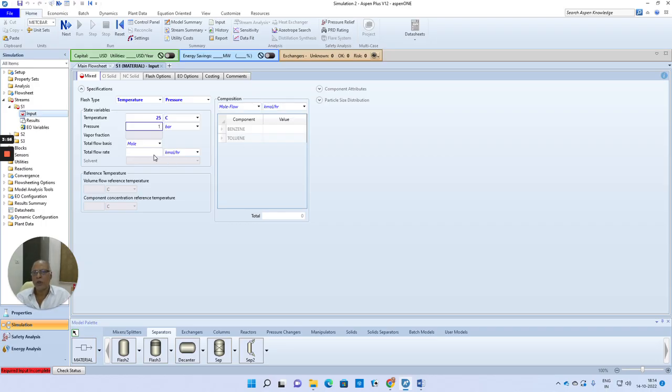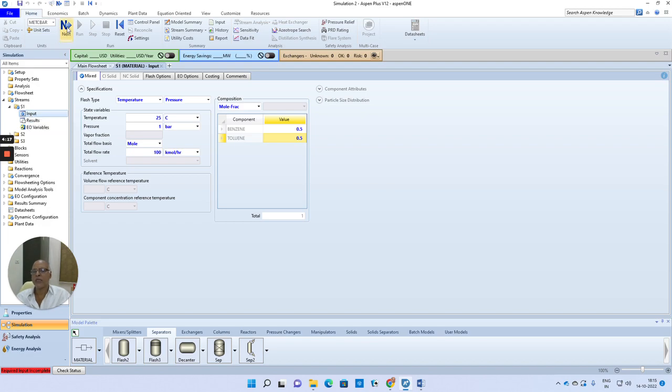You can assume some flow rate, 100 kilomoles per hour, and we know the mole fractions. It is mentioned that it is an equimolar binary mixture, so the composition is 0.5 and 0.5 mole fractions. So we were able to define stream 1.